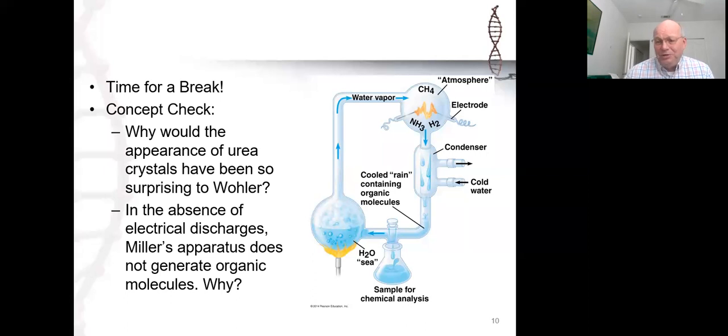And the energy in this case, in Miller's device, is provided by the electrical sparks. It's heat energy and electrical energy released by the sparks. So when you turn the spark apparatus off, you take away the energy necessary to drive these reactions. They're not spontaneous. They do require a source of energy.